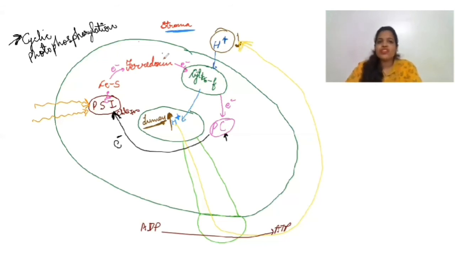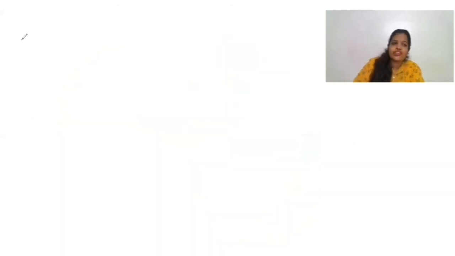So this is what you need to remember, and I hope it is already in your mind. Now let's move to the second type of light reaction, or second type of photophosphorylation, that is non-cyclic photophosphorylation. Let me write the heading first.